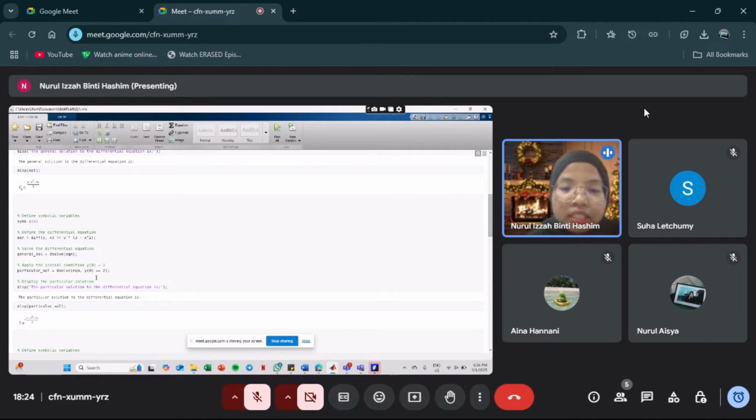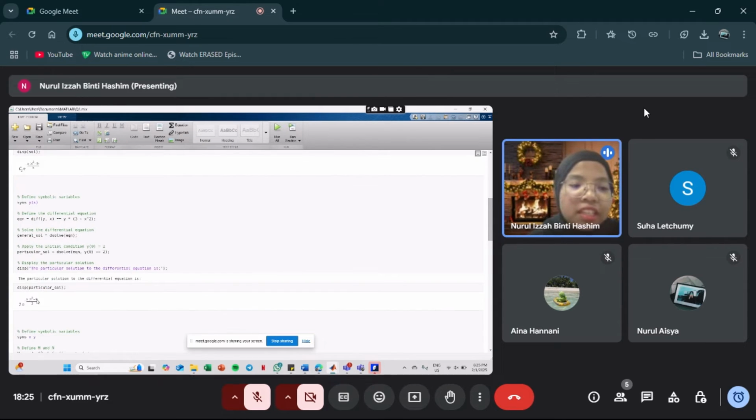And lastly, this line is the MATLAB instruction to solve the equation again with the initial conditions y equal to 2 and x equal to 0, which helps to find the particular solution, and this is the answer.